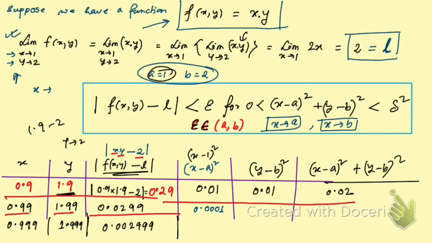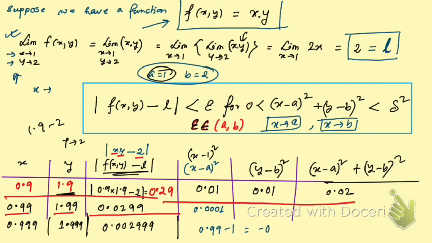If you subtract 1 from 0.99, then you're supposed to get minus 0.01. Here we have a square, so on squaring this you're going to get this result.